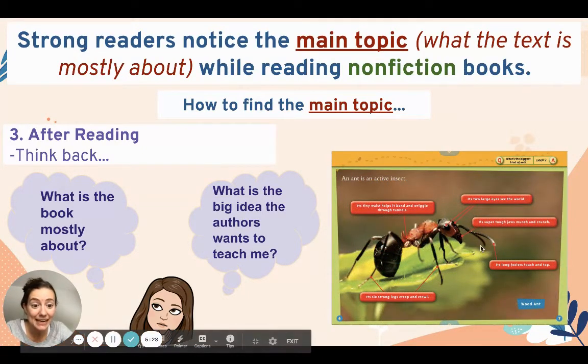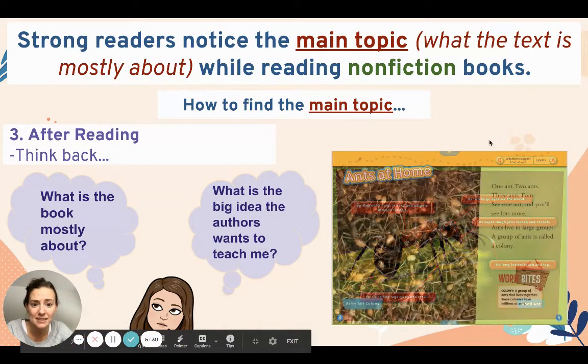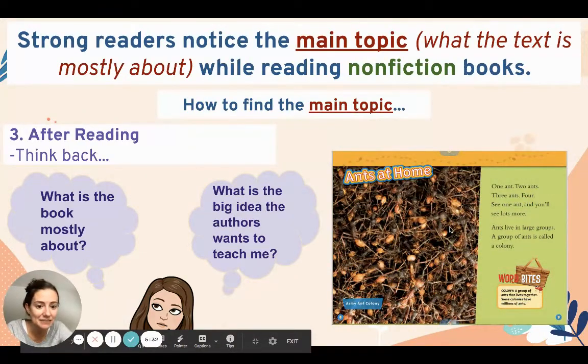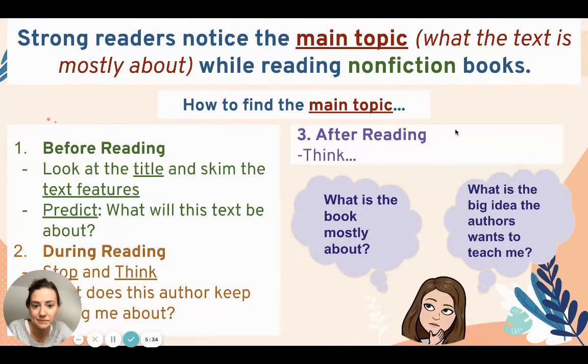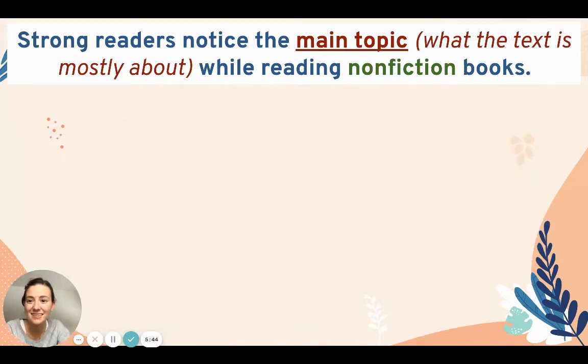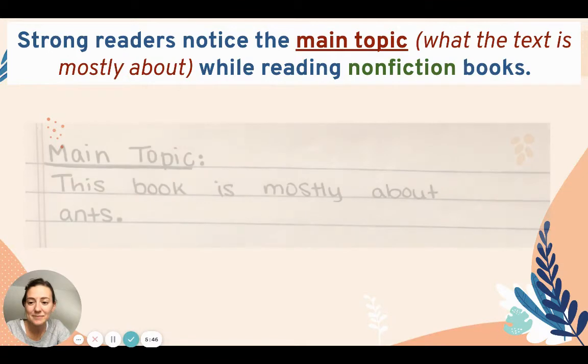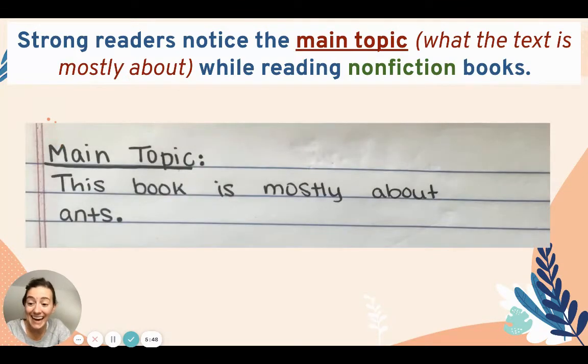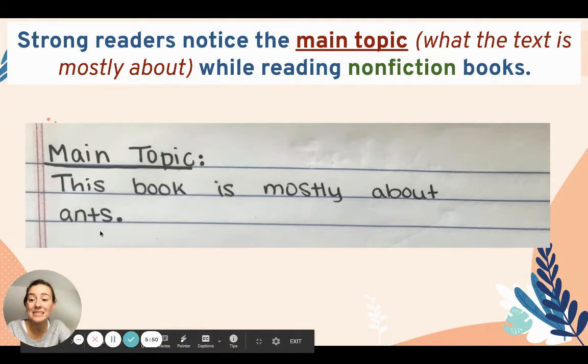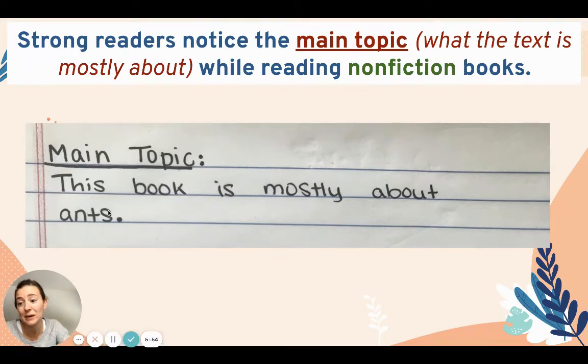We looked at this diagram of all the parts of an ant, and we learned that ants live in colonies. They live together. So now that we've done all of these things, what do you think is the main topic of this book? Let's hear it. What do you think? Yeah, this book is mostly about ants. We got a lot of information about ants today.